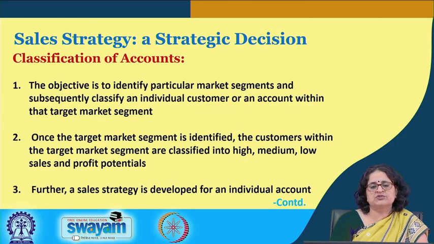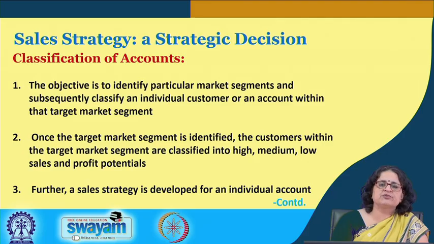So the objective here is to identify the market segment and subsequently classify an individual customer or account within the target market segment into high, medium or low sales and profit potentials. So once the target market is defined, the customers within the target market would be classified into high, medium, and low sales and profit potentials.